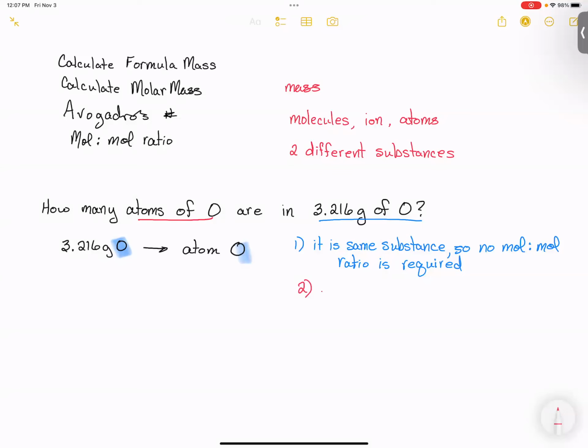And we started out with grams, which is a unit of mass. So we need the molar mass.